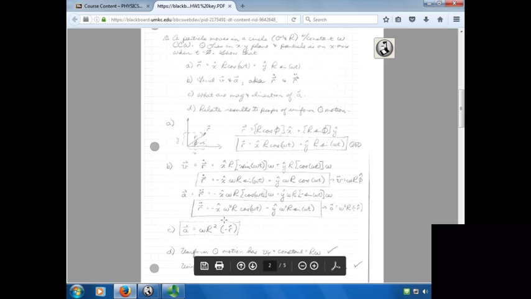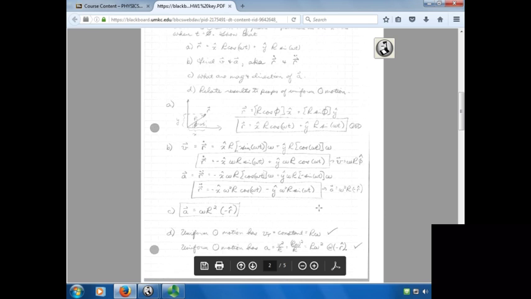But remembering that x hat r cosine omega t plus y hat r sine omega t was the r vector, then x hat cosine omega t plus y hat sine omega t would be the r hat direction. So I can rewrite this as omega squared r in the negative r hat direction. All right, so done with that.